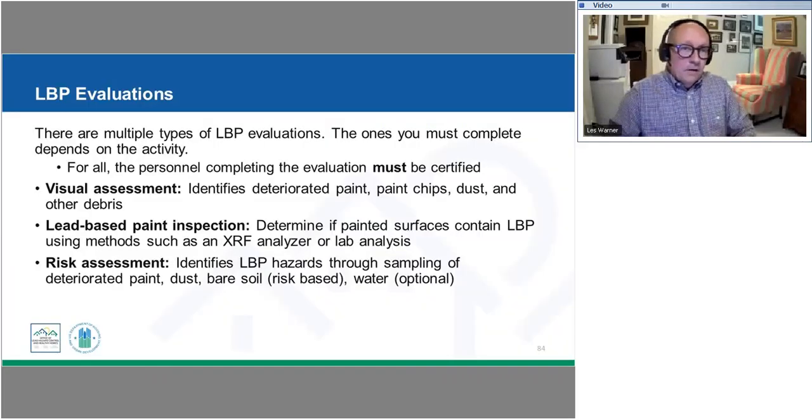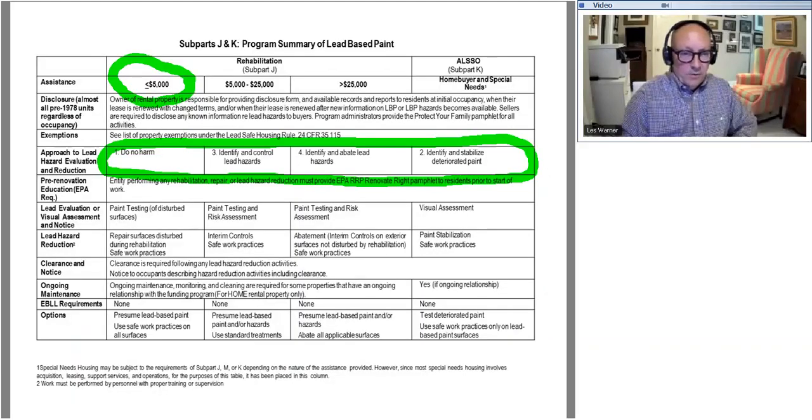So for our lead-based paint evaluation, there are going to be different types of evaluation that we're going to be using. And as we just looked at the summary chart, part of that's going to be based on that level of assistance, determining what our required level of evaluation is going to be. And we're going to walk through each of the possible levels of evaluation. So I'll switch back just for a moment here to our summary chart.